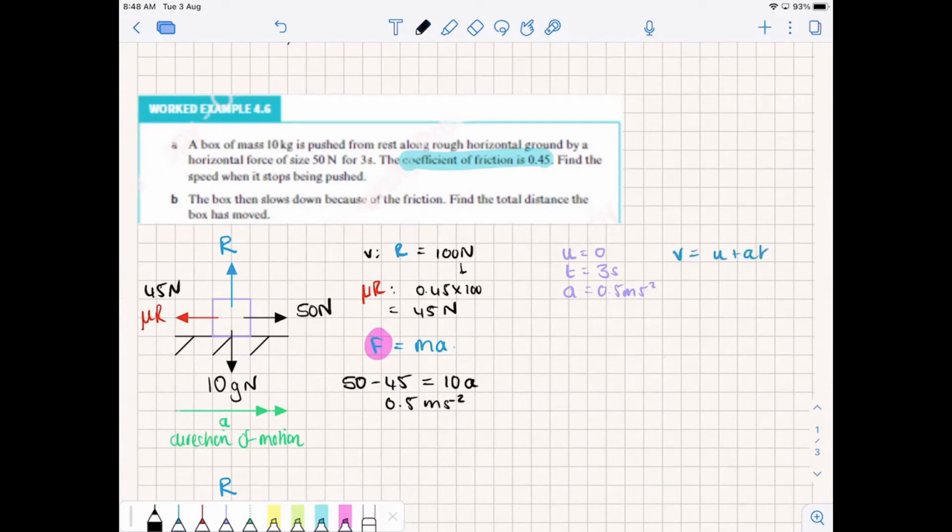That'll give it to me in one go. The final velocity is what I'm trying to solve. The initial velocity is 0 plus 0.5 times 3. So 0.5 times 3 is just 1.5 meters per second. So there I have the final velocity of this object.